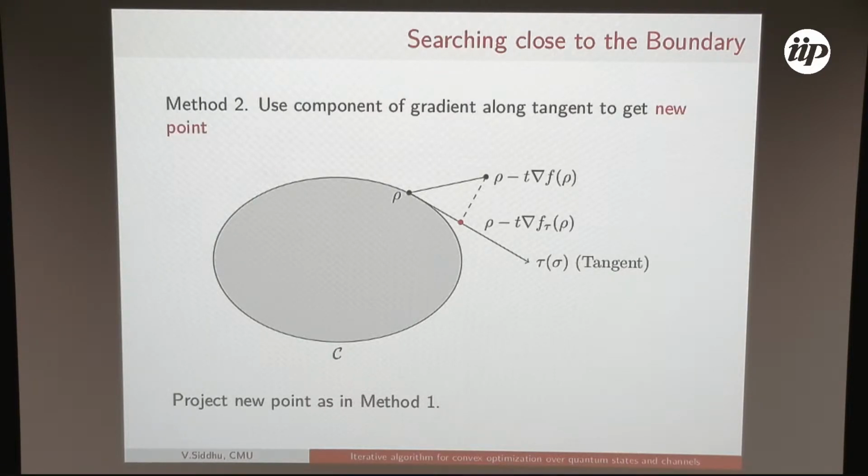In qubit density operators, you know what the normal looks like. It's like a Bloch sphere, so the normal is the radial direction. So there you go. Otherwise, you just try to take some intuition from this, and there's some heuristic. I can tell you how to do that for density operators.